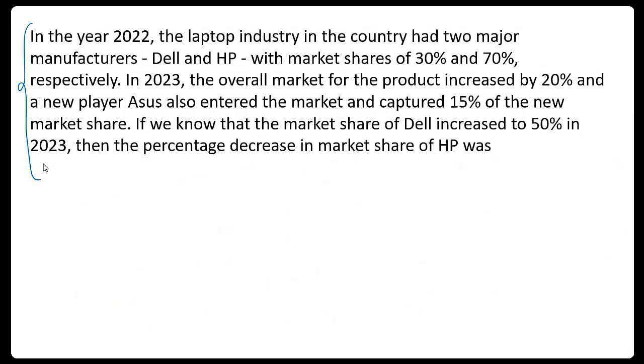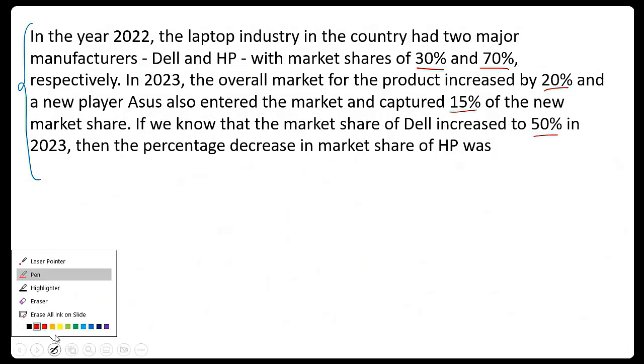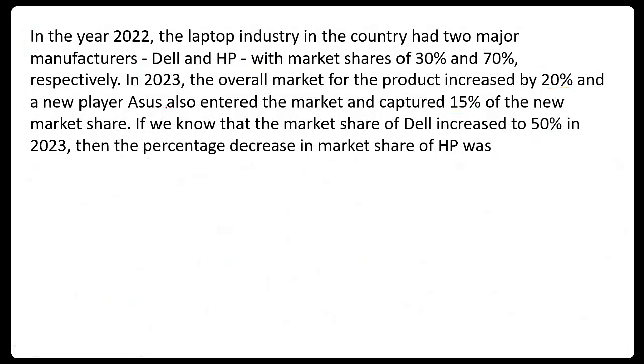Interestingly, we got different answers from different students. I can see clearly the entire question is in terms of percentages. We don't have numbers. The question says that in the year 2022, the laptop industry in the country had two major manufacturers, Dell and HP, with market shares of 30% and 70% respectively.